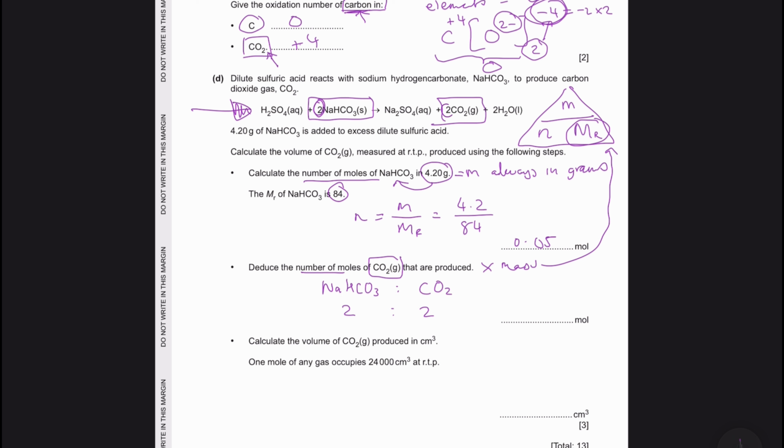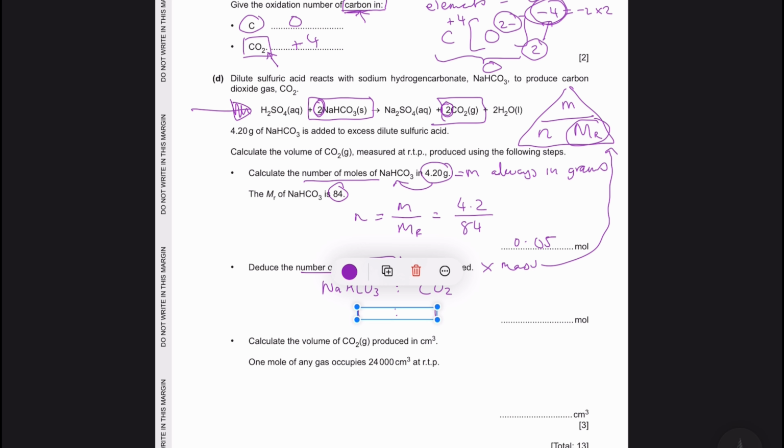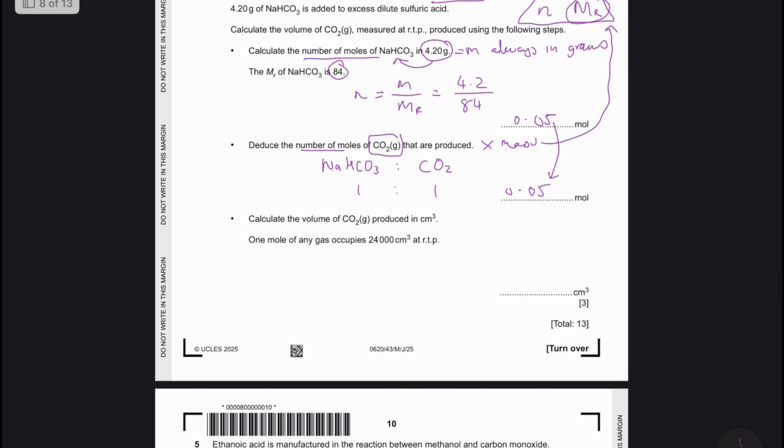We can see both of them are 2, so this is a ratio of 1 to 1. That means whatever number of moles there are of sodium hydrogen carbonate, it's the same number of moles as that of carbon dioxide. Nice easy question. All that we're going to write down is the same again, 0.05 moles.